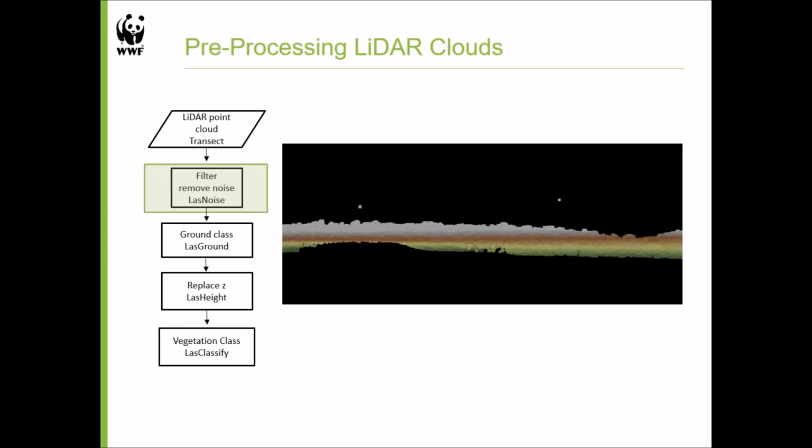Well, the first step after we accept a LiDAR cloud and decide to use it to estimate biomass is to filter the noise. There are some points collected by the sensor that are not really points. For example, sometimes we have birds flying over the forest.